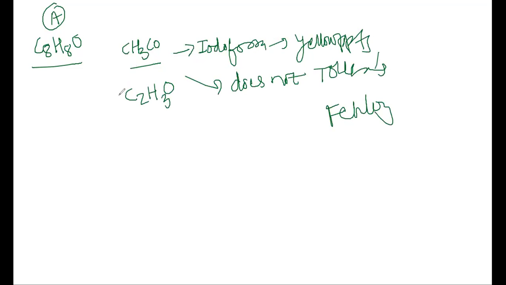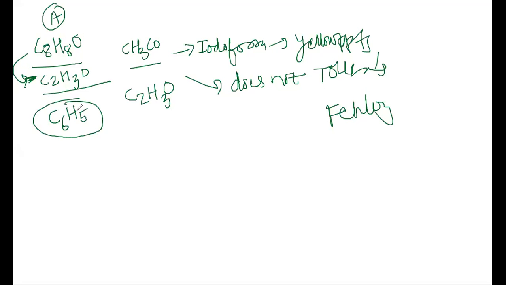So let us subtract C2H3O from this. When we remove C2H3O from this, what are we going to get? C6H5. You are very aware that C6H5 is nothing but your phenyl group.